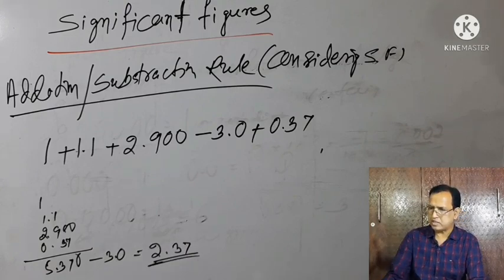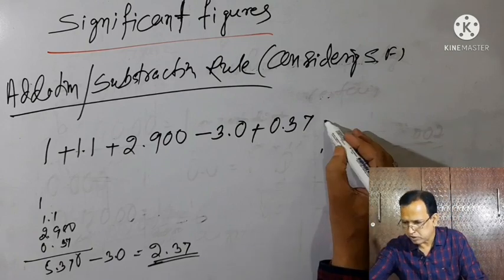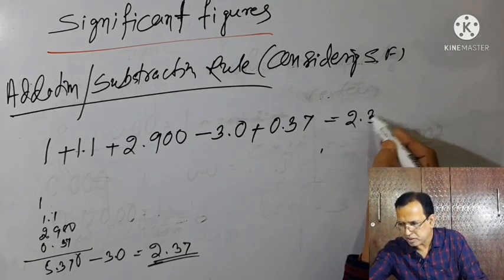The general addition and subtraction result is equal to 2.37.